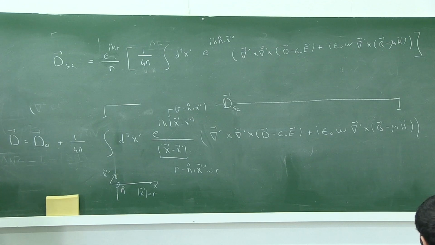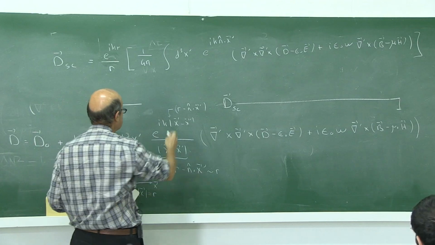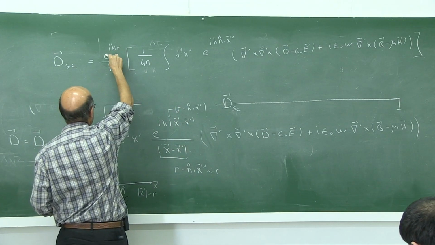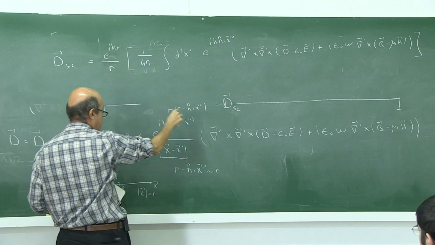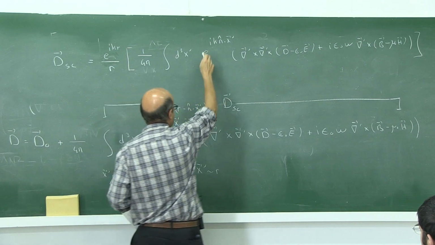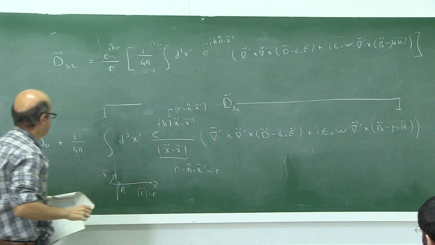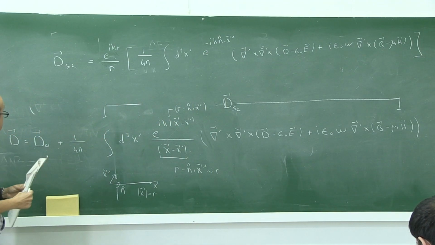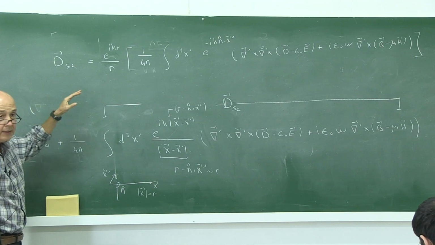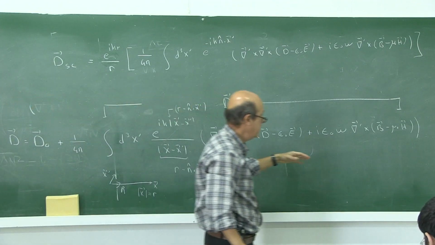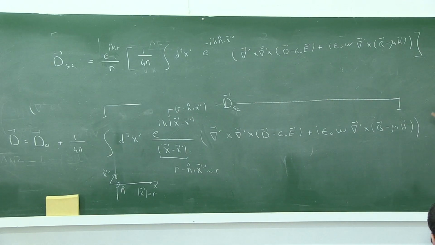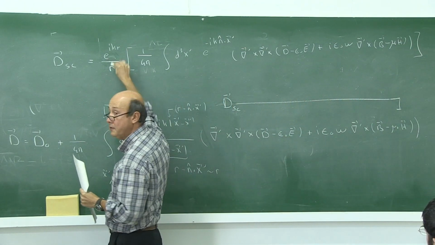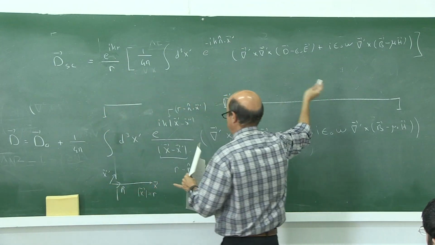Probably I wrote the sign incorrectly, because I took the exponential e to the ikr outside, and the leftover term is minus, and therefore this should be minus. So again, the scattered electric displacement due to the spatially uniform distributions of the magnetization and the polarized sources has the form of a spherical wave and a vectorial part.